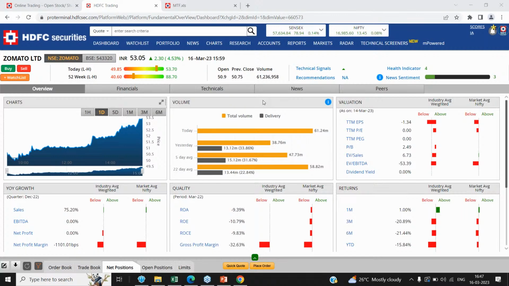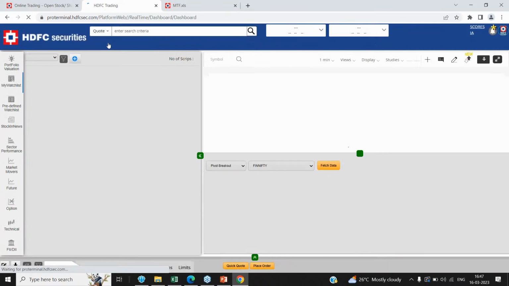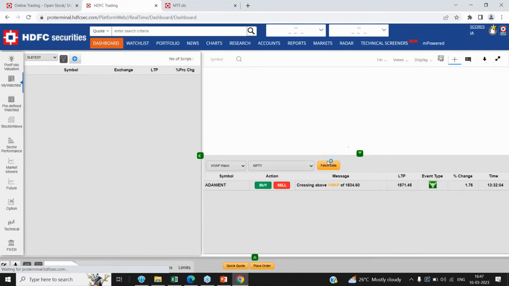Yes, the platform in front of you is the Pro Terminal platform. This is our Pro Terminal platform. So you can see the entire watch across the brokers. Other brokers can access too.